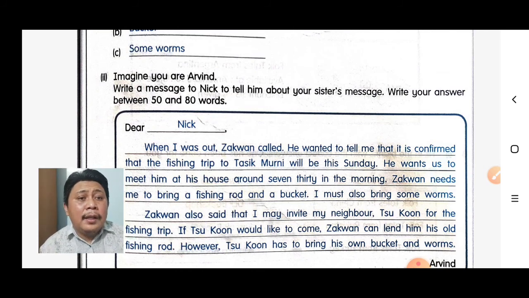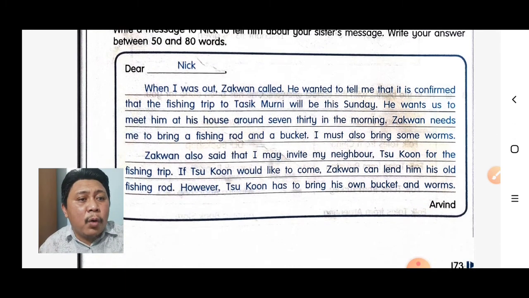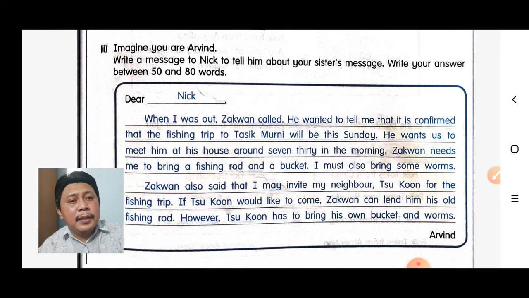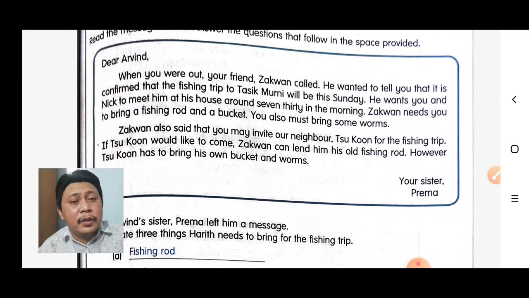Zakwan also said that I may invite my neighbor Sukun for the fishing trip. If Sukun would like to come, Zakwan can lend him his old fishing rod. However, Sukun has to bring his own bucket and worms. Arvin.